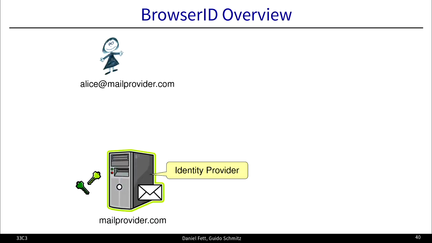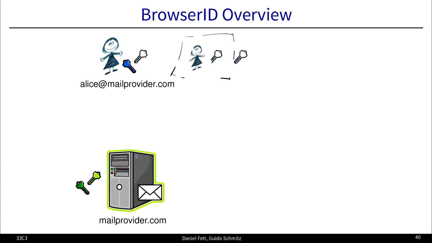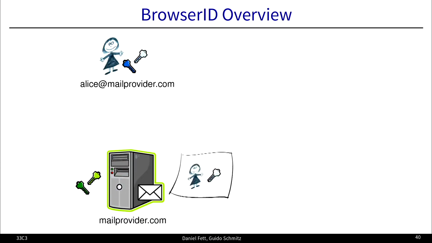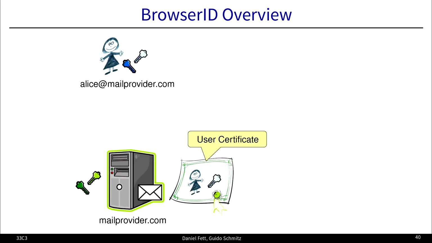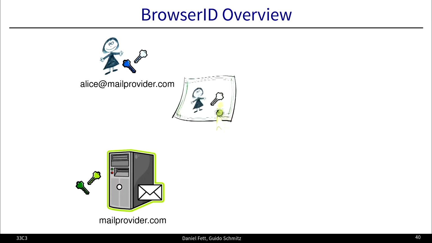She goes to her identity provider and first creates a public-private key pair. And then she sends the public key in a document with her own identity to the mail provider, and the mail provider then signs this document. And this creates the so-called user certificate. And this certificate is then sent back to Alice.